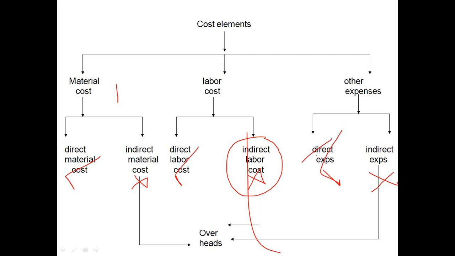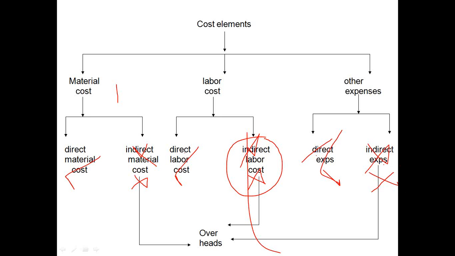But it's not feasible to analyze indirect material cost, indirect labor cost, and indirect expenses individually because they occupy smaller portions. But if you sum up the smaller portions of these individual components, they become a larger portion.